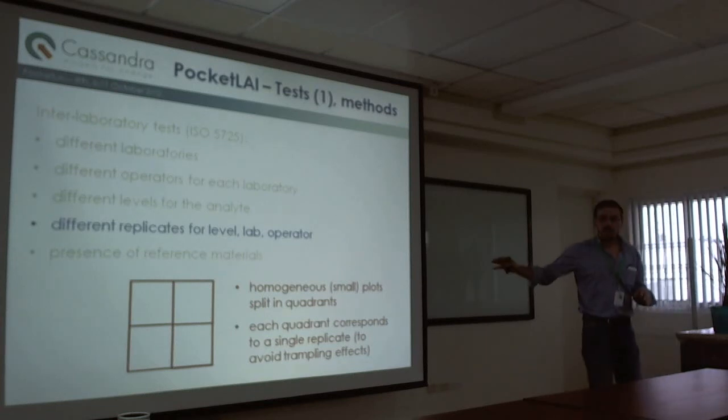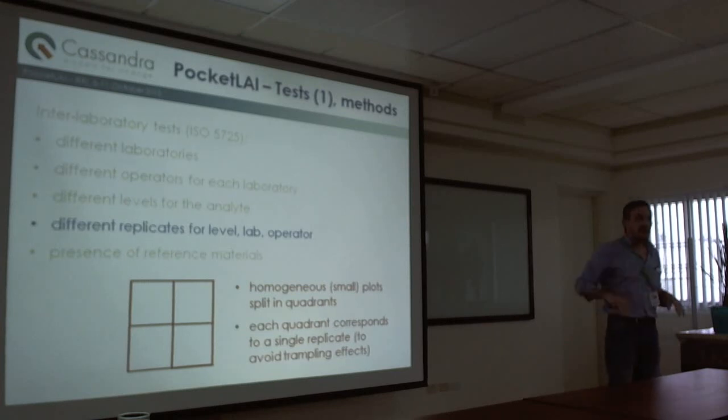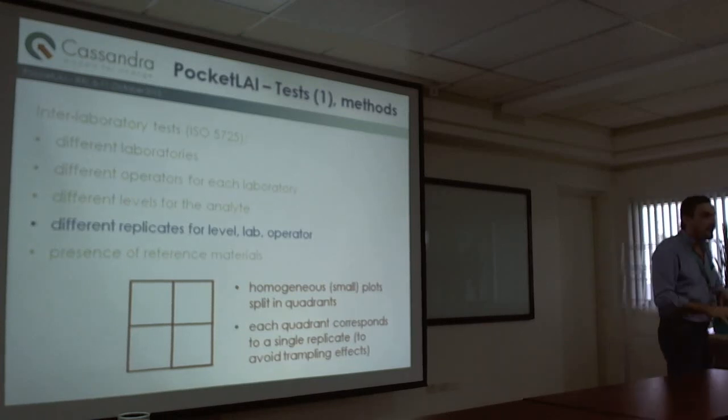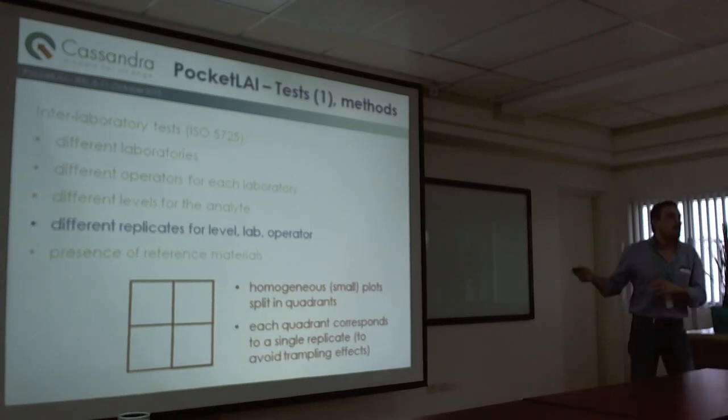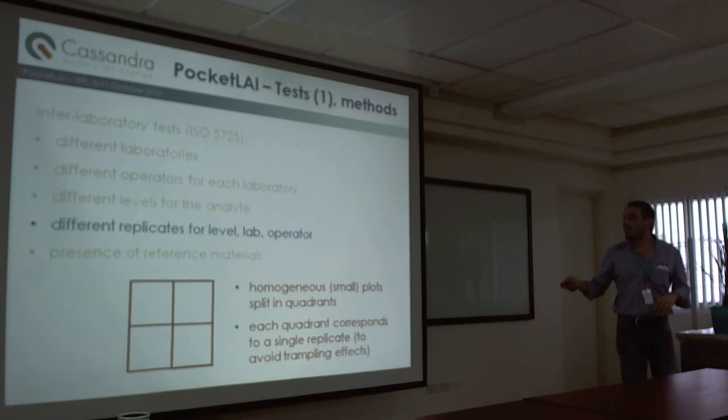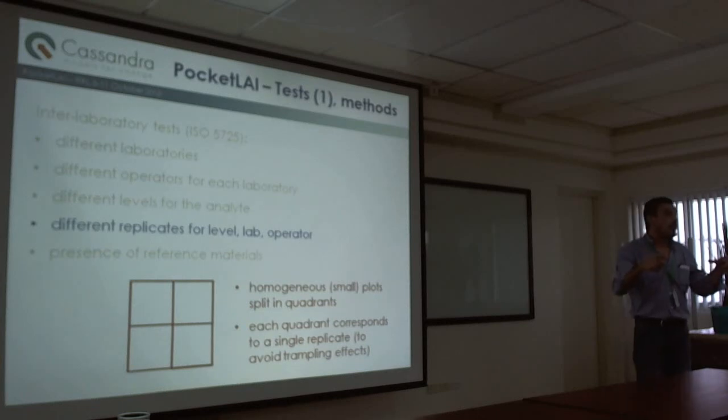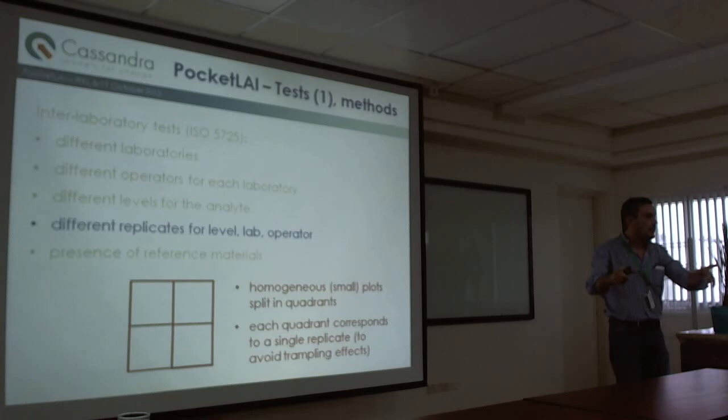Let's imagine all these people going around in the plot and, okay, destroying everything, basically. So we found this solution. We identified very small regions in the fields to have homogeneity among plants. This 4 by 4 meter plot is our plot, and it's very homogeneous, so we concentrated on this.